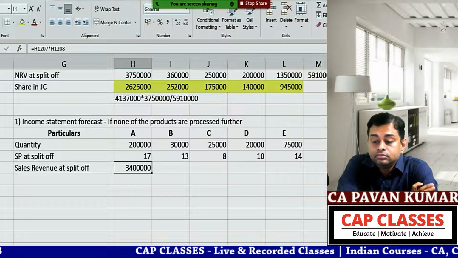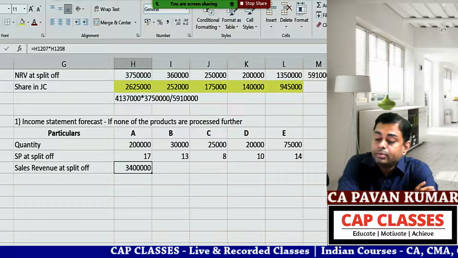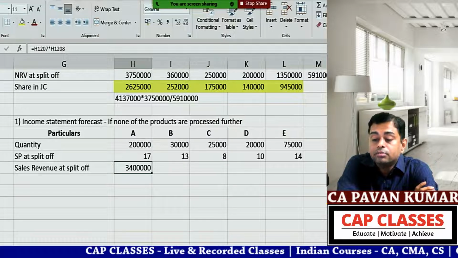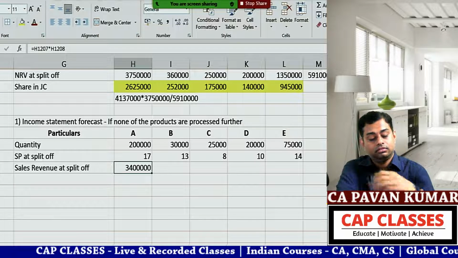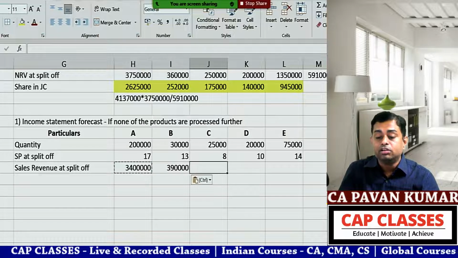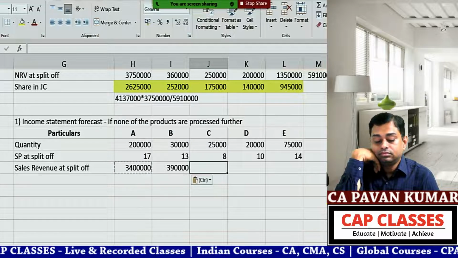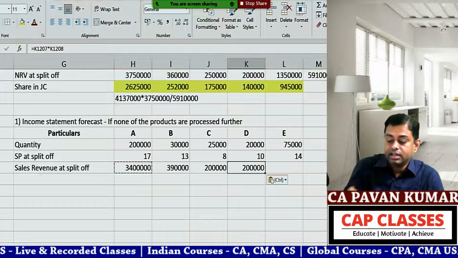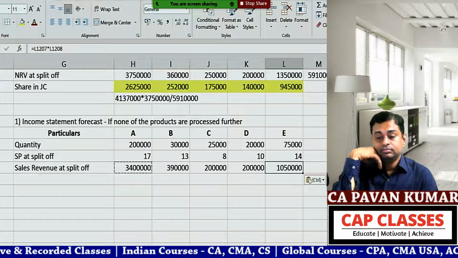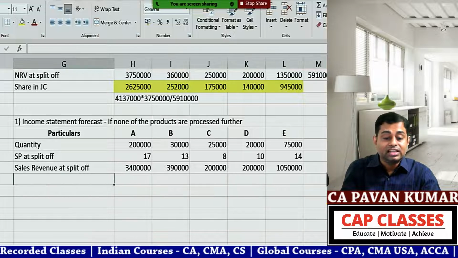Yes, sir. Tell me the remaining numbers also. 3,90,000. Very good. 2 lakhs. Next, 10,50,000. Okay. So this is the sales revenue at split off.